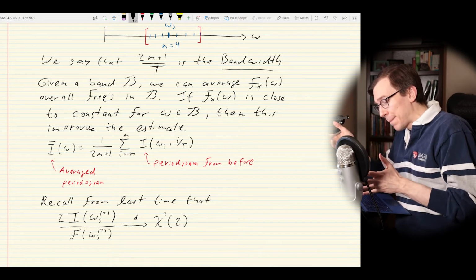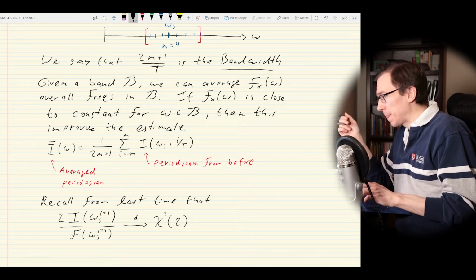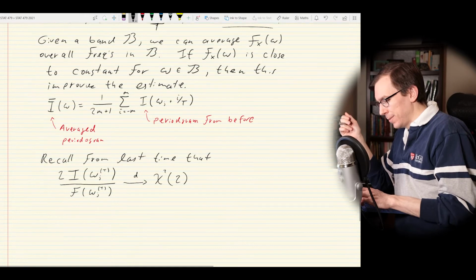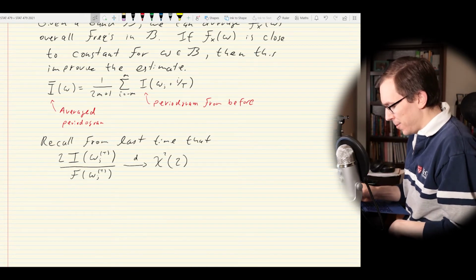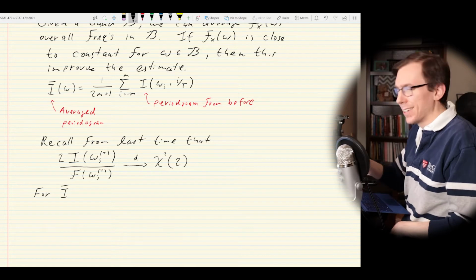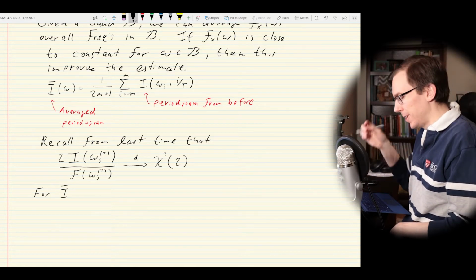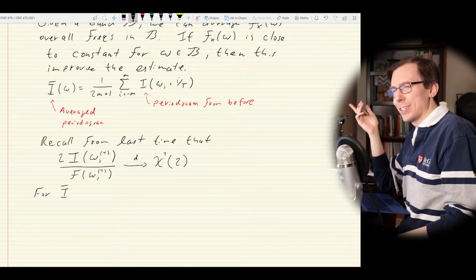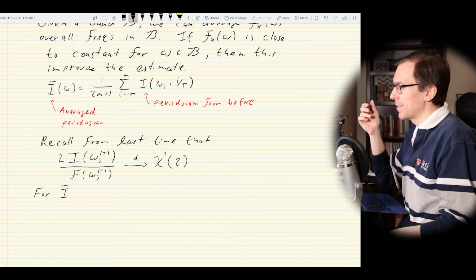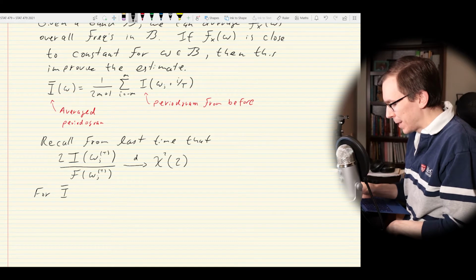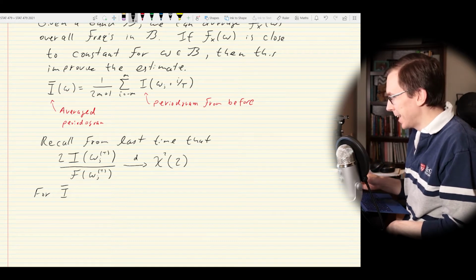Well, what happens with I bar? Again, there are some conditions, like that strong summability condition for the autocovariance, if I recall from last time. You can double check those yourself.